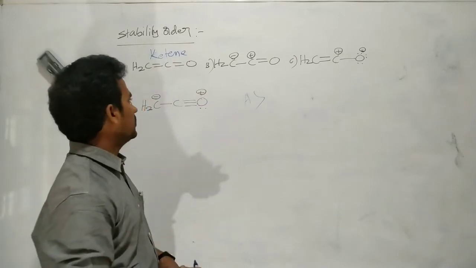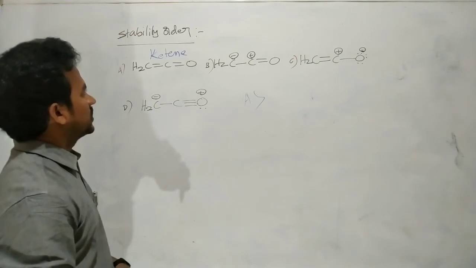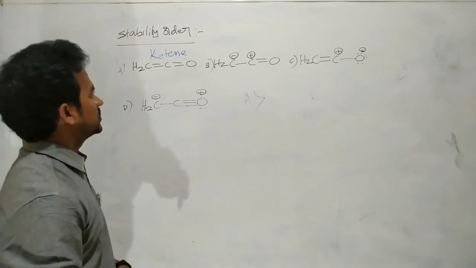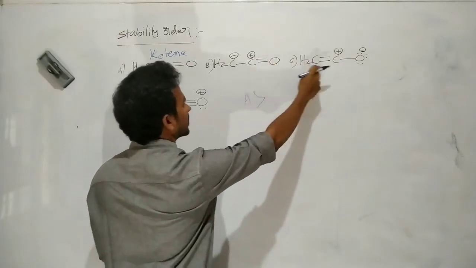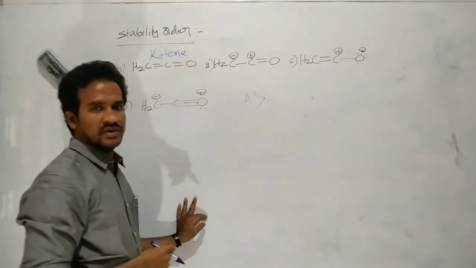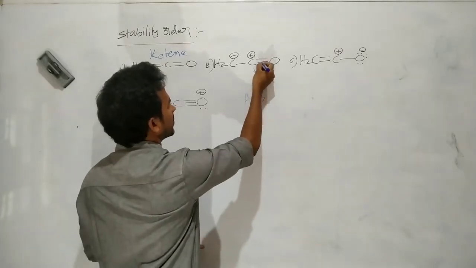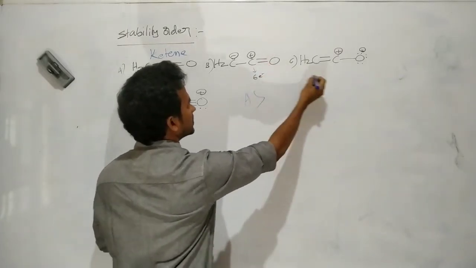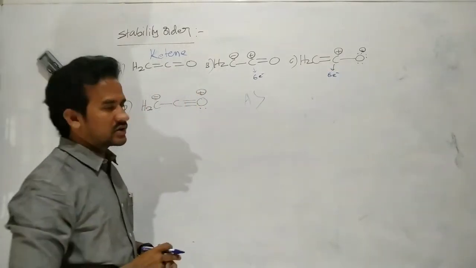So in this case, this one is the least stable. This may be the least stable, or this may be, because around this carbon there are only 3 bonds, which means 6 electrons. Around this carbon again 6 electrons, so no octet configuration.